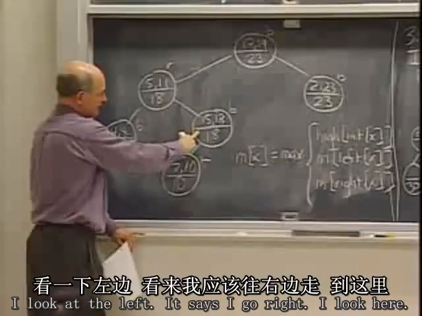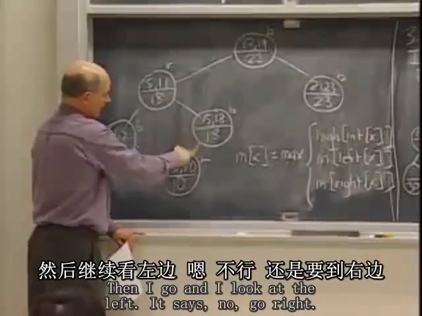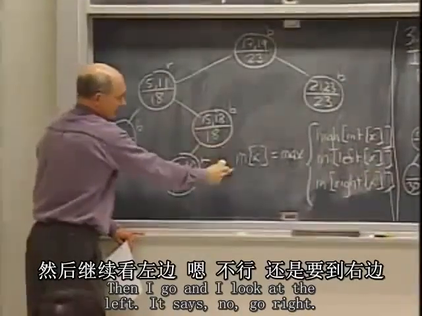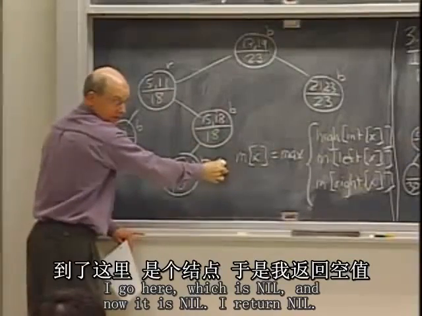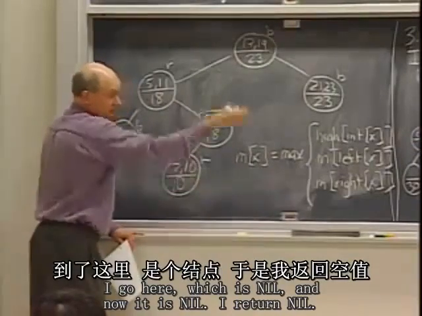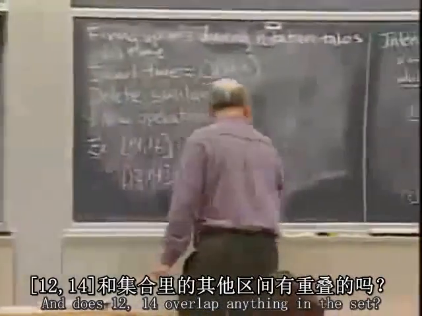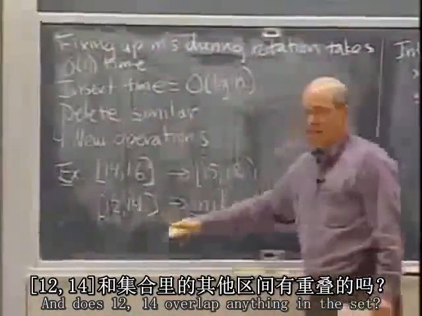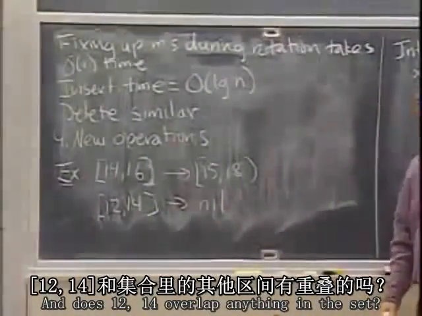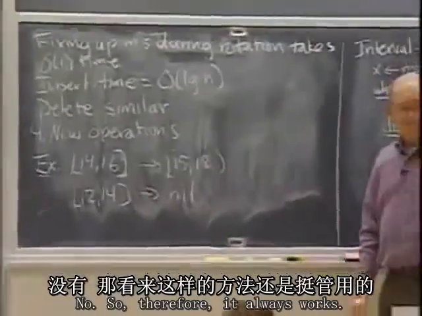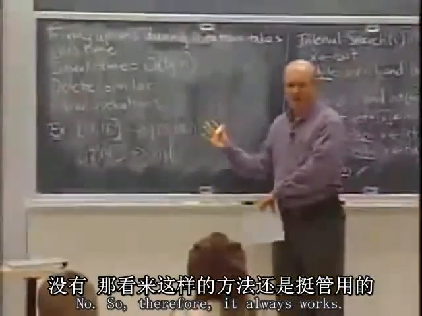I look here, then I look at the left, it says no, go right. I go here, which is nil. I return nil. Does 12, 14 overlap anything in the set? No.